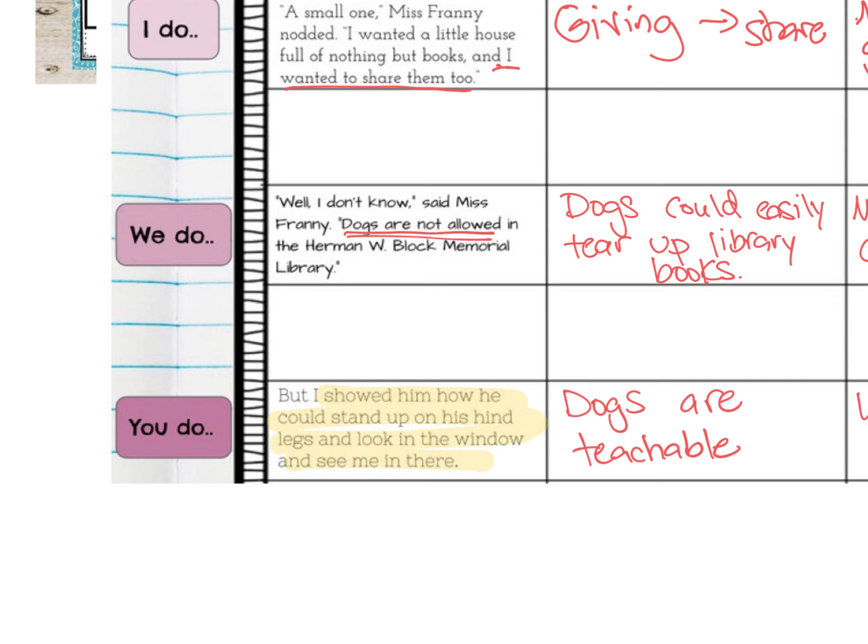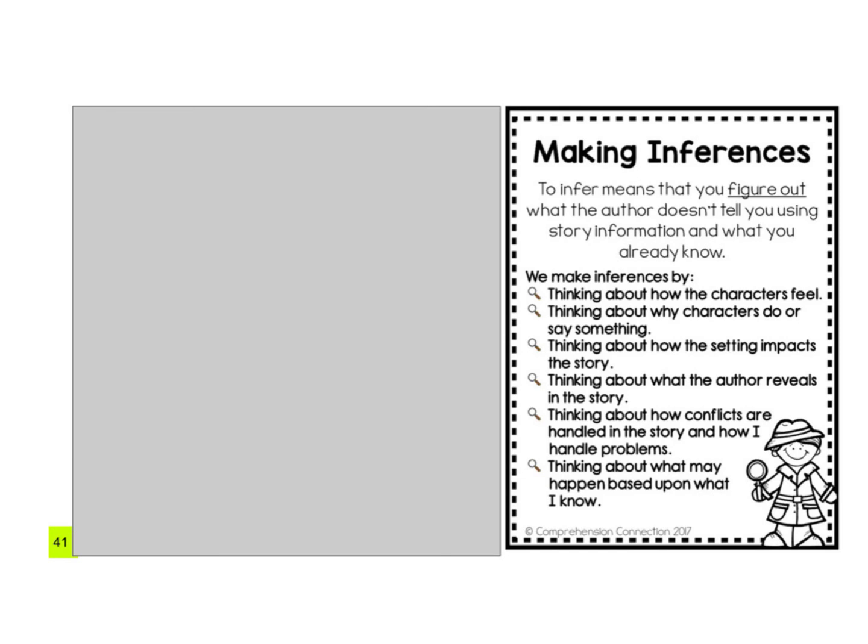That's pretty smart that Winn-Dixie knew to follow those steps in order to feel safer when Opal was inside the library, since he wasn't allowed inside. In your interactive notebook, on page 41, you guys can see your notes that match my screen.